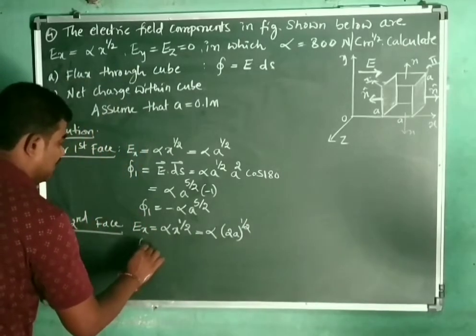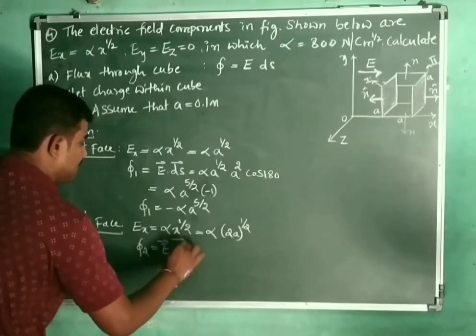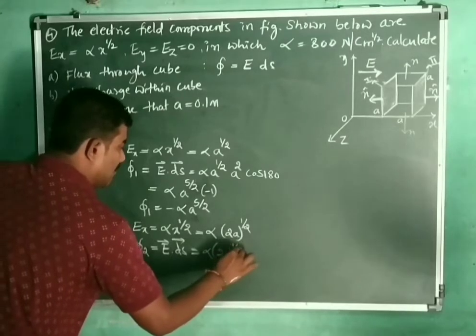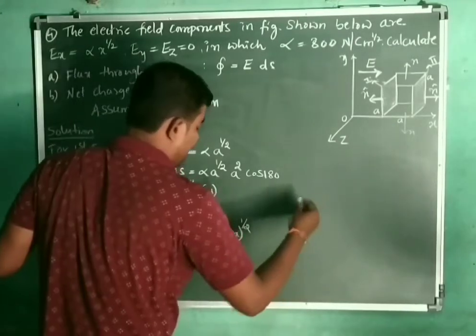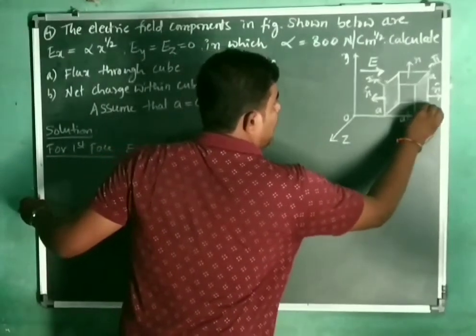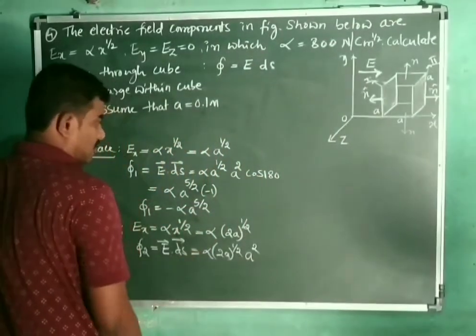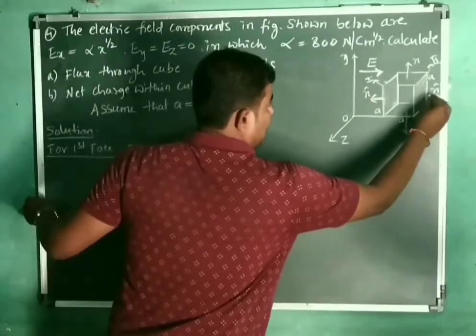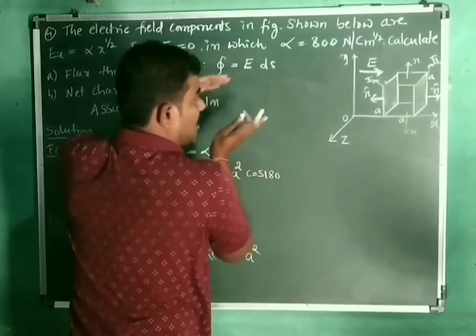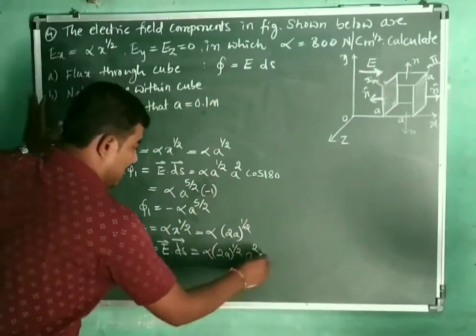Therefore the flux linked with the second face is E into dS, where E is alpha 2a to the power 1 by 2, and dS is once again a into a, that is a squared. For cos theta, this is the direction of the area vector and this is the direction of the electric field, both in the same line, therefore cos theta is cos 0, which is 1.